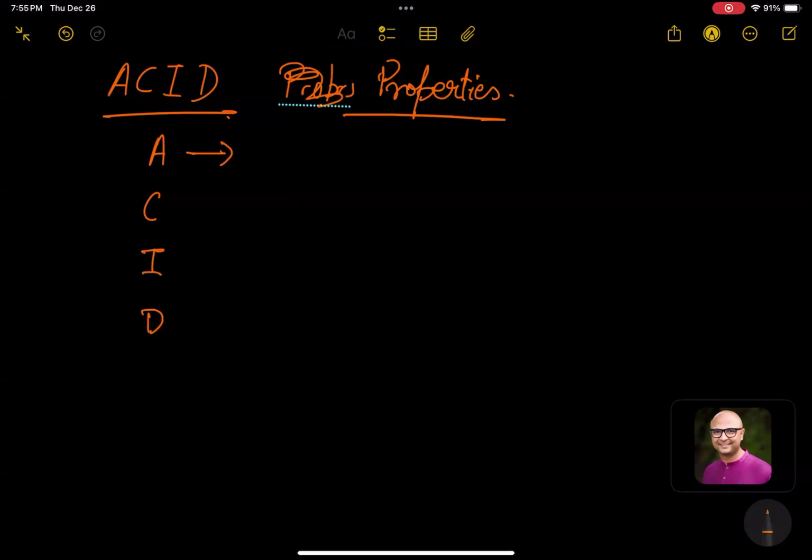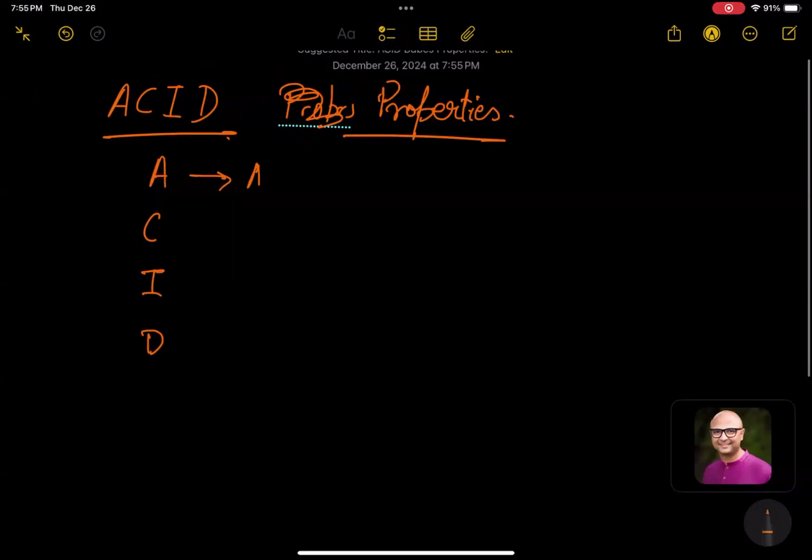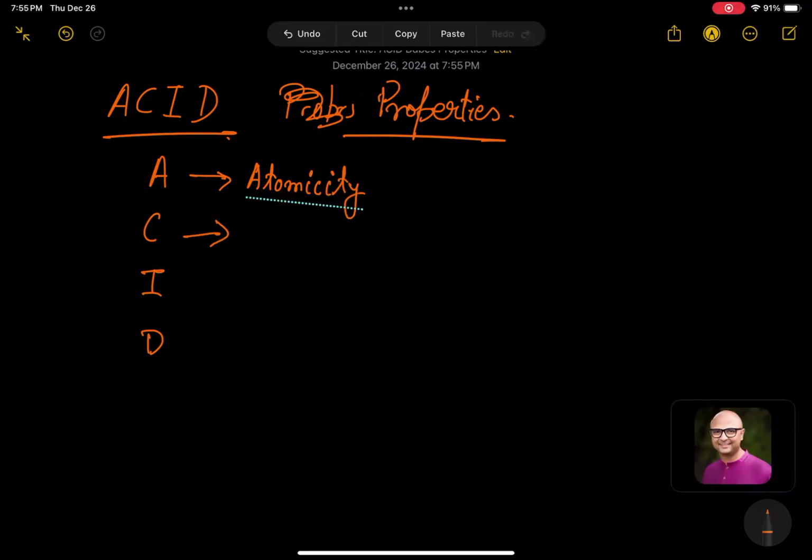Okay, so let me first of all write the acronyms here. A stands for atomicity. You guys can tell me if you know what C stands for. Consistency. Very good.